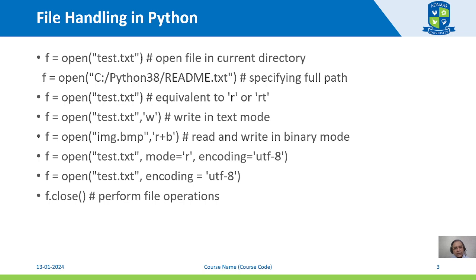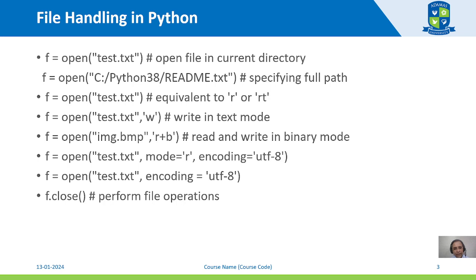Or else, if we want to open the file and write something, we have to open the file with W, that is write in text mode. Then if we open it R+B, it will open in read and write in binary mode.